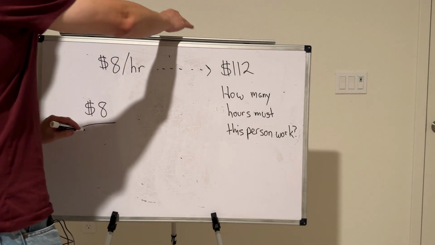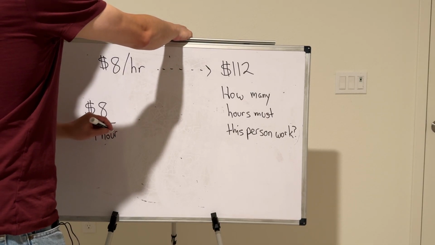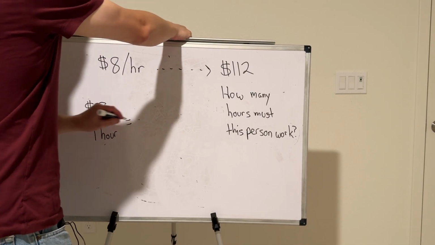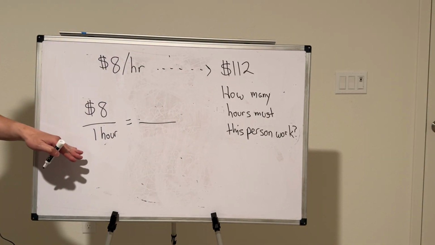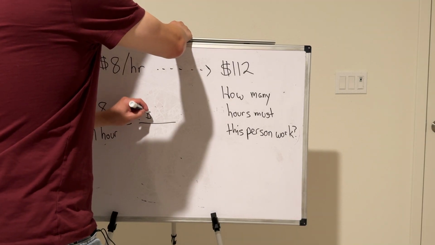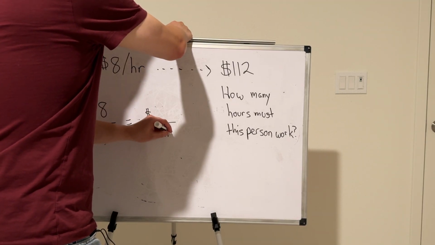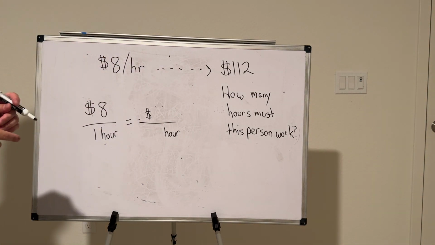But this is $8 for 1 hour. If I have dollars on top and hour on the bottom on the left side of the proportion, I have to have dollars and hour in the same places on the right side of the equation.